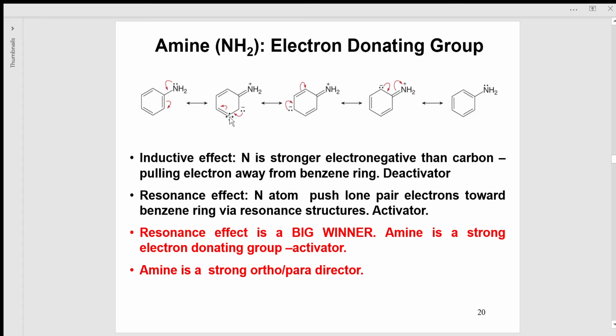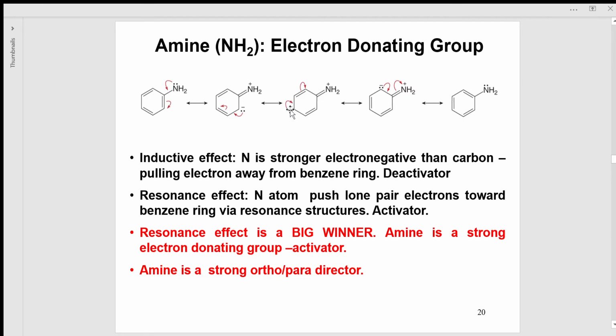We continue to move the pi bond and lone pair electrons around. We can form the second, third and fourth resonance structures. And if we look at the details of these resonance structures, you see one carbon in this benzene ring bears a negative charge.